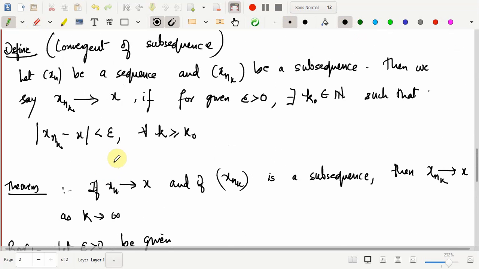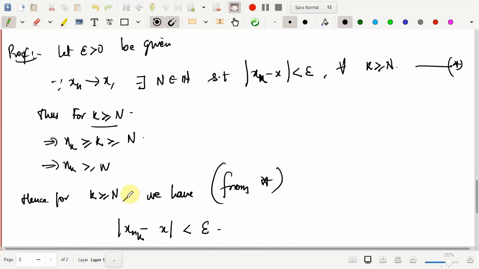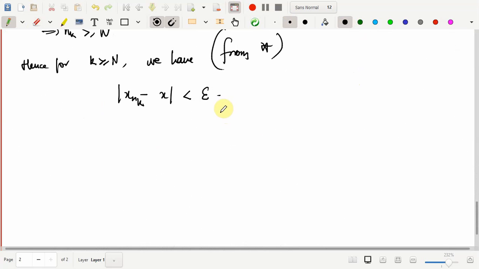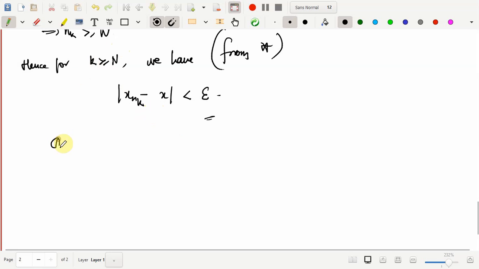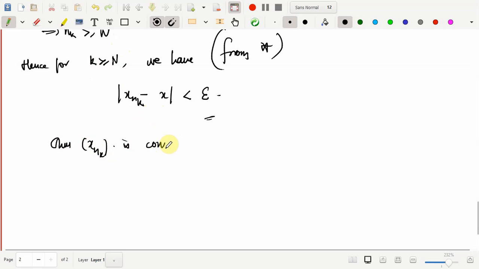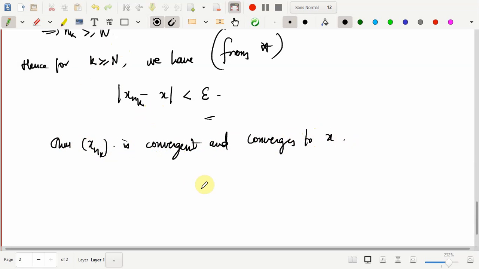By the definition, we should be able to produce a natural number such that whenever k is greater than or equal to that natural number, |x_{n_k} minus x| is less than epsilon. We have the natural number N, so the same natural number works. Whenever k is greater than or equal to N, |x_{n_k} minus x| is less than epsilon. So this proves that x_{n_k} is convergent and converges to the same limit x.